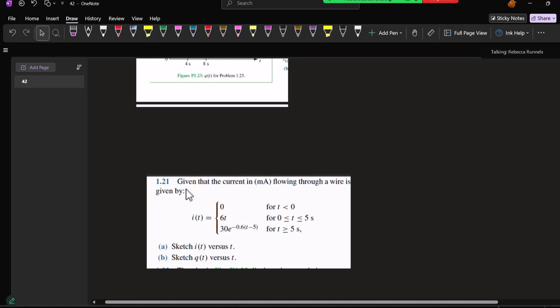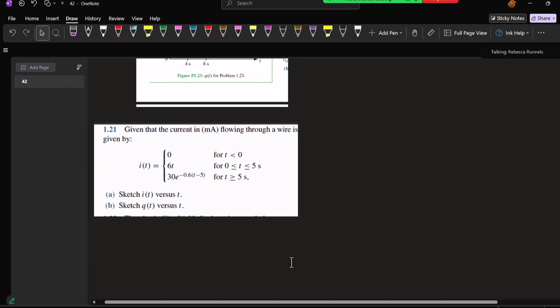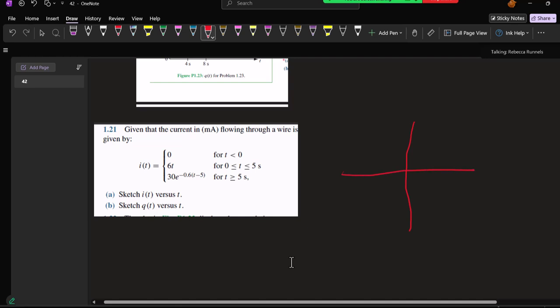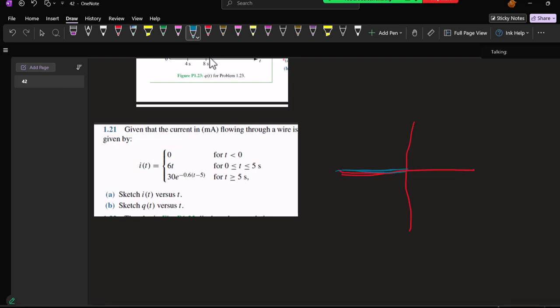So we're given the current, and it is a piecewise defined function. Like a lot of our functions in electrical engineering, it starts at 0. So before 0, it's 0. Between 0 and 5, it equals 6t. That is a line.